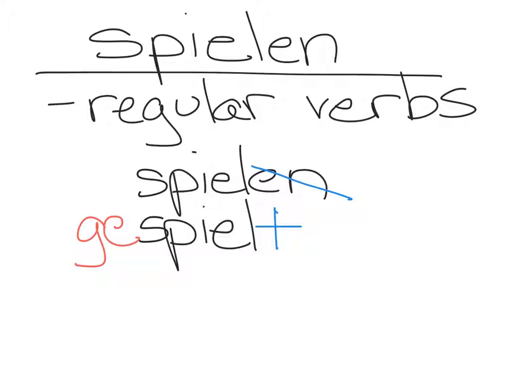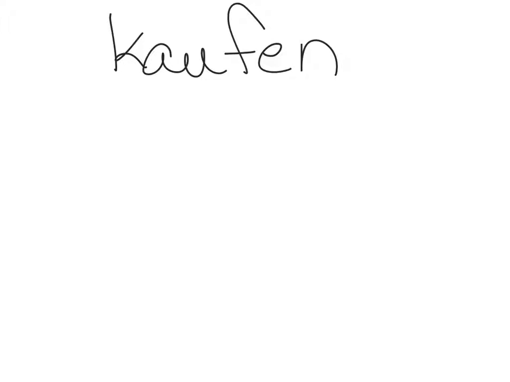So let's do another one. So kaufen, we just said kaufen is a nice normal verb. What's my first step to create the GE word? Get rid of the EN, and what do I put there instead? A T. What else do I need to do? Add the GE at the beginning.